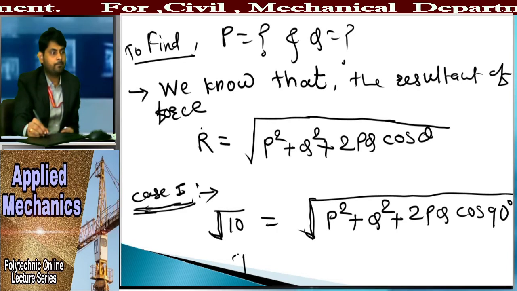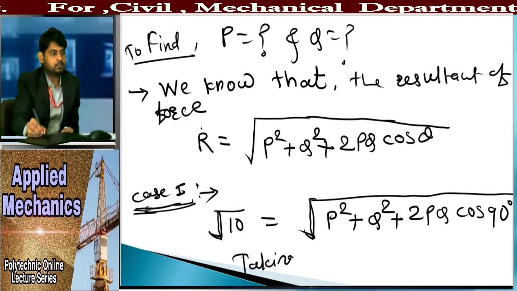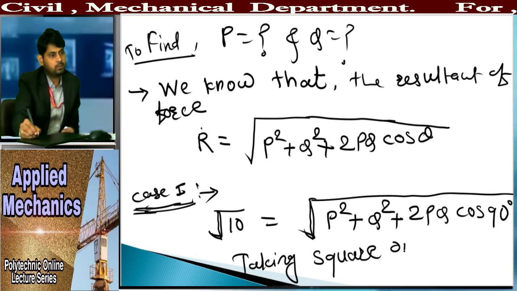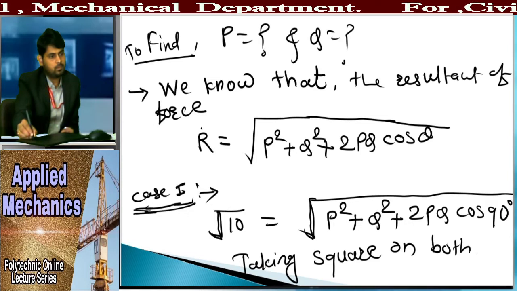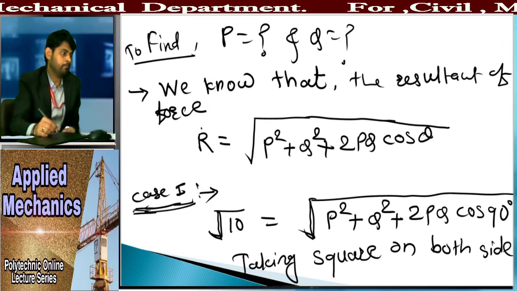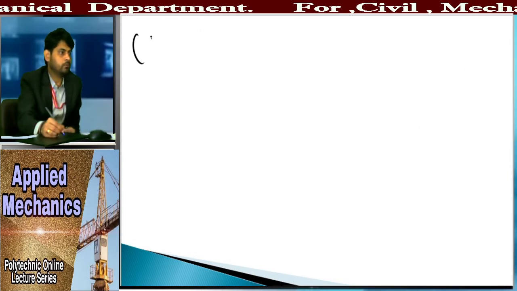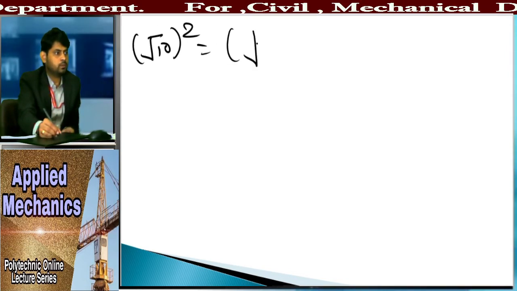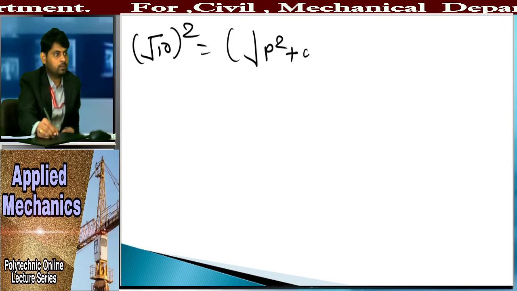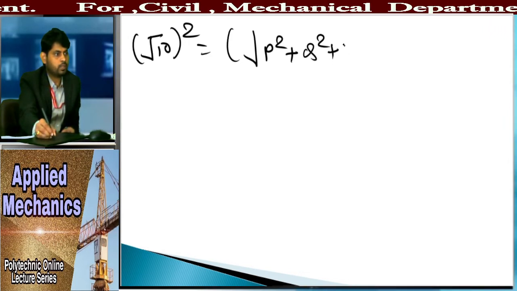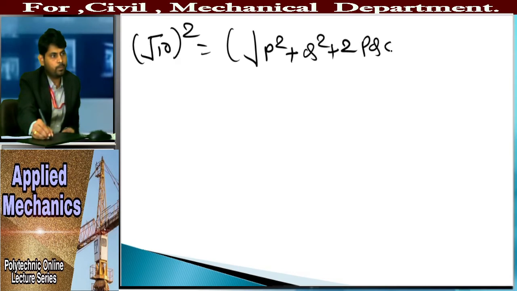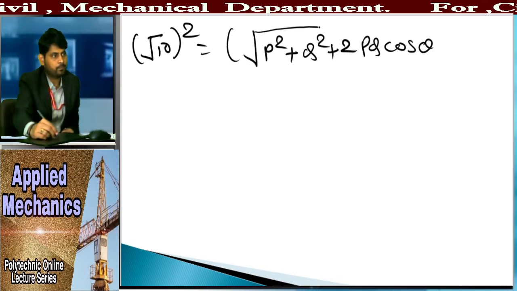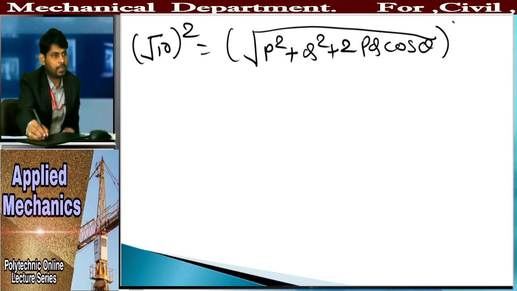So take a square on both sides to remove this square root. Okay. So your value would be like this: under root 10 bracket square is equal to under root of P square plus Q square plus 2PQ cos of theta bracket square.